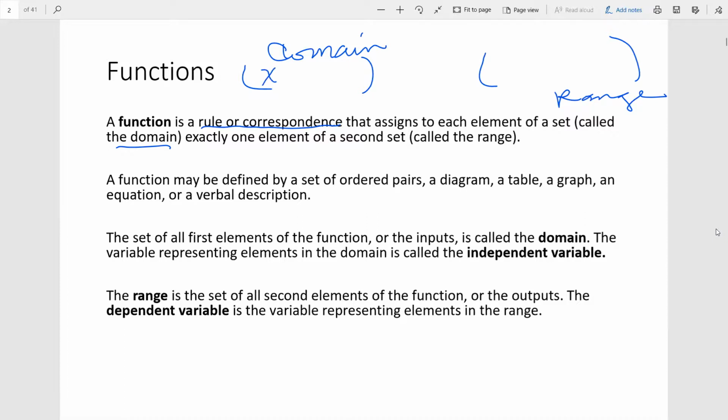We could call one element, say x1, and it might be assigned to another number in the range called y1. And we could do this all the way up to x20, y20.